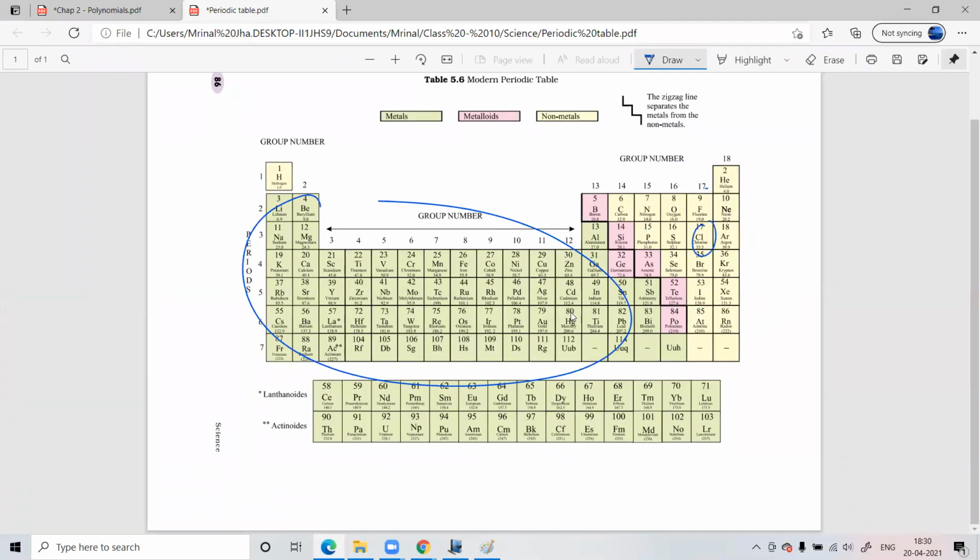As you can see, chlorine, fluorine, bromine, all these are non-metals. The most common metals you will see are here: sodium, magnesium, potassium, calcium, and of course these examples also. These are the ones you'll be seeing so often: manganese, iron, copper, nickel, cobalt, and zinc. This is cobalt, this is copper.